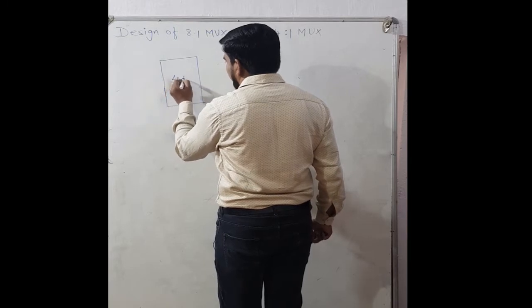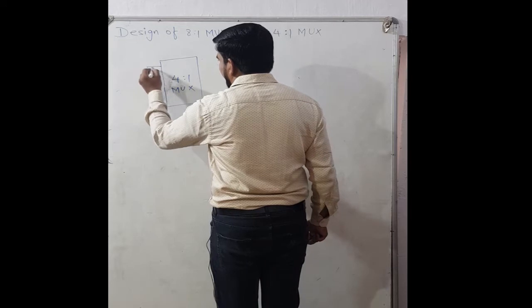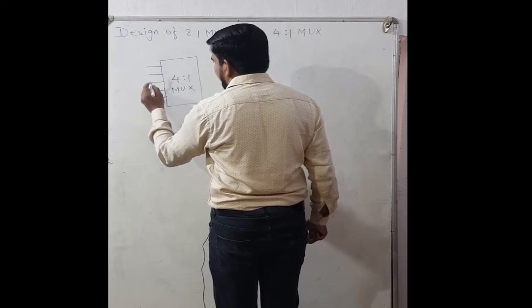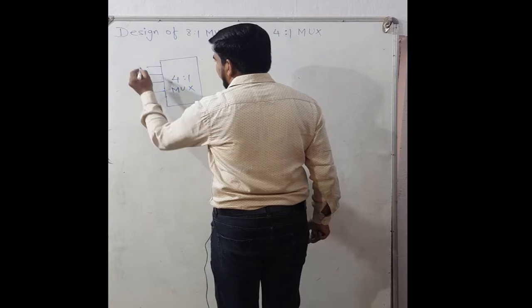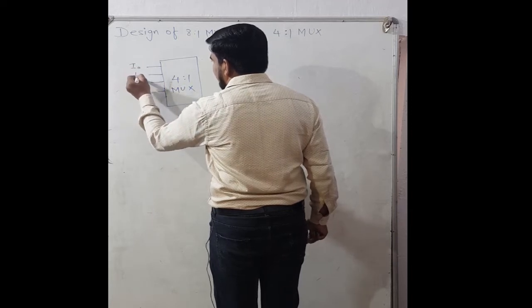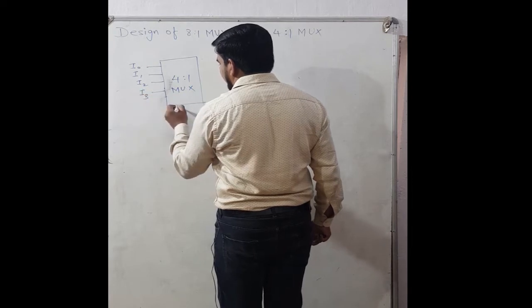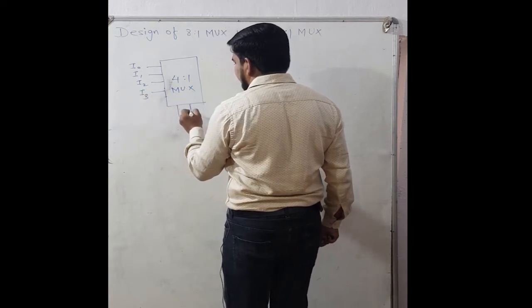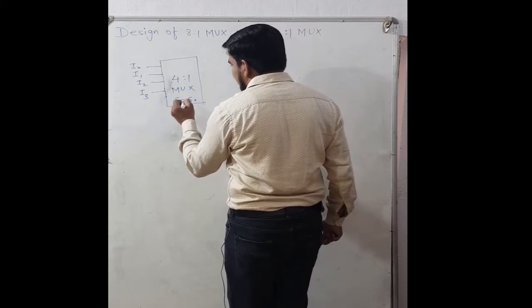For 4:1 mux, we know that there are 4 inputs, we are calling them I0, I1, I2, I3, and 2 select lines, we are calling them S0 and S1.